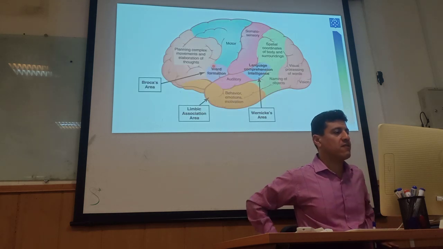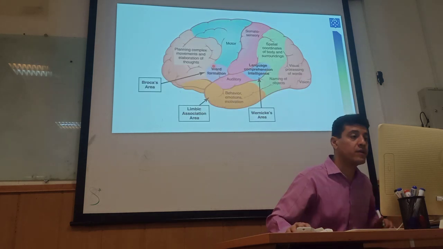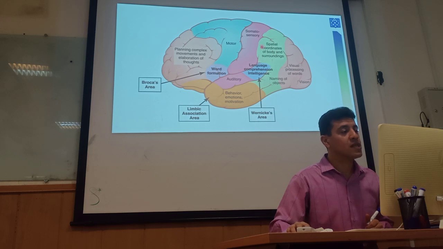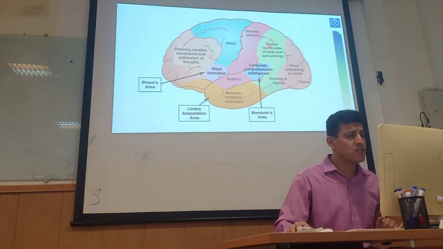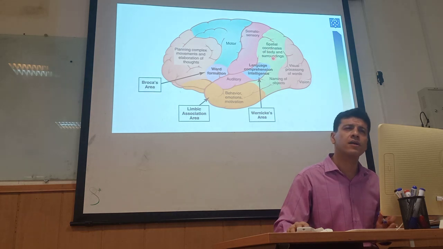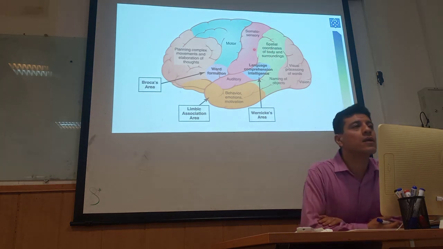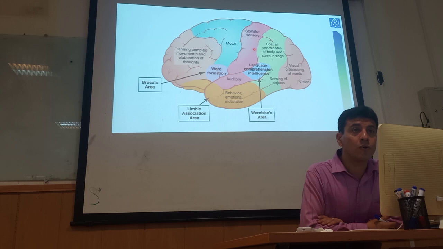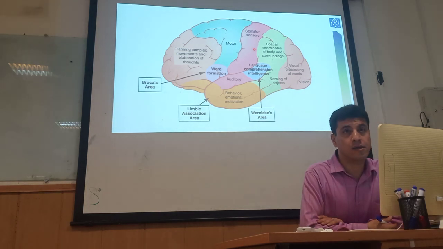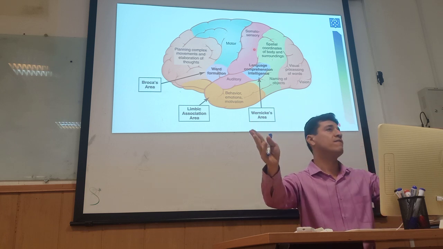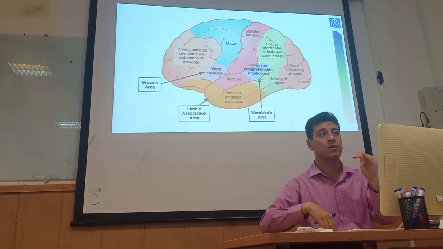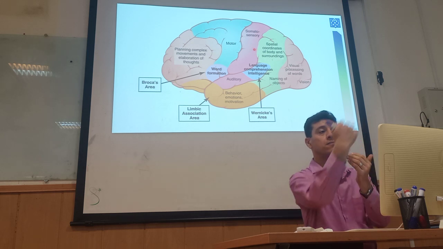So let's see some of the important functions of these areas. For example, the parieto-occipitotemporal cortex is important for spatial coordinates of the body and surroundings. So for example, you know that this is right, this is left, up, down, front, behind.